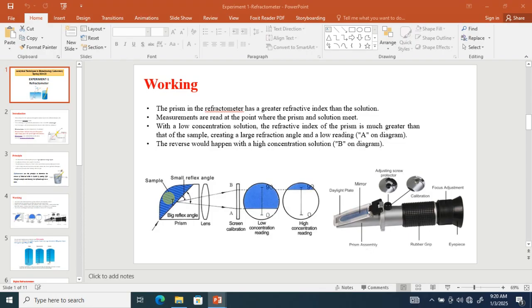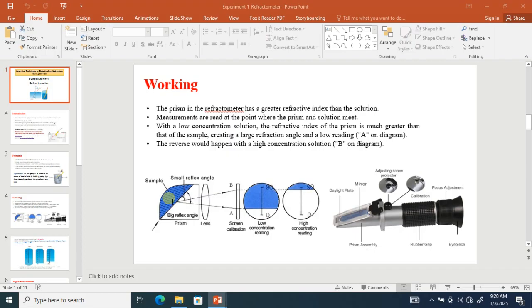If we take a solution with a low concentration of solutes, the prism's refractive index will be higher than that of the solution. As the concentration of the solute, the substance being dissolved, increases, the refractive index of the solution will automatically be high, because the angle of refraction will be low.